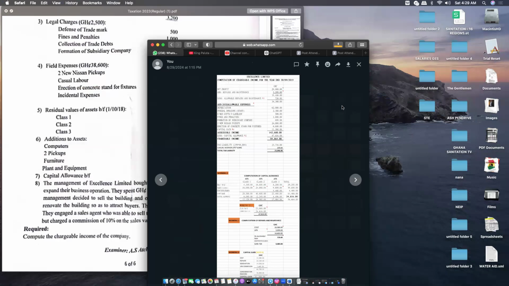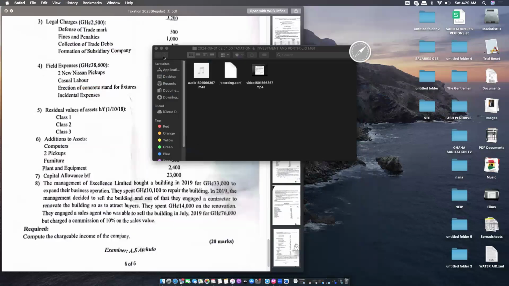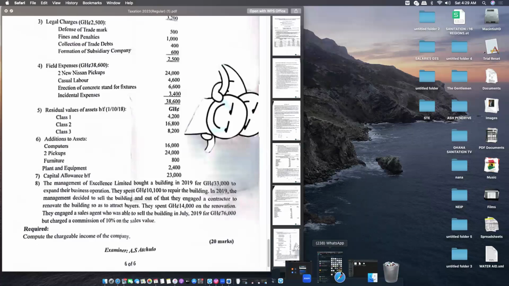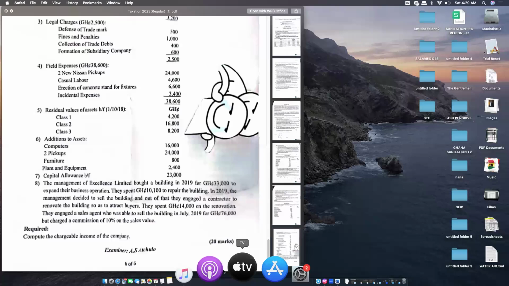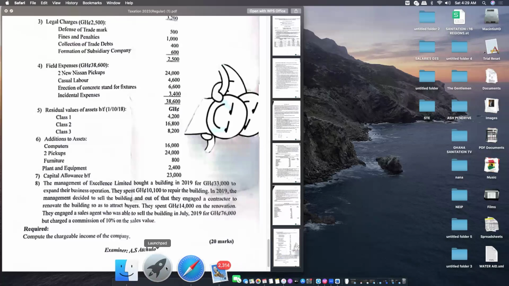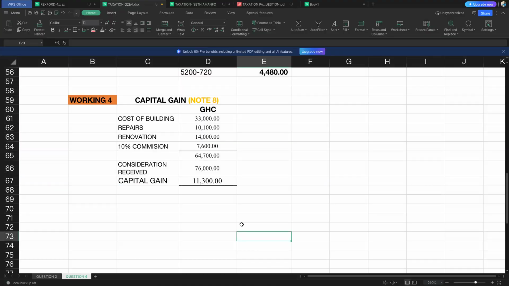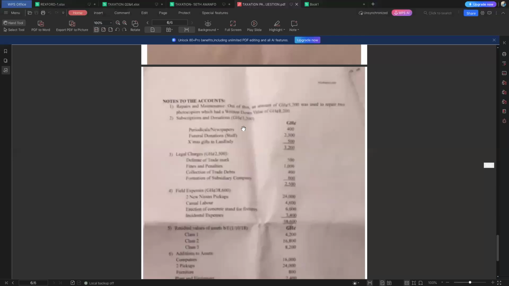Cephas, yes, Abigail. Please, the formation of the subsidiary company, why is it added? Why are we not allowing it? So you are forming a subsidiary company.